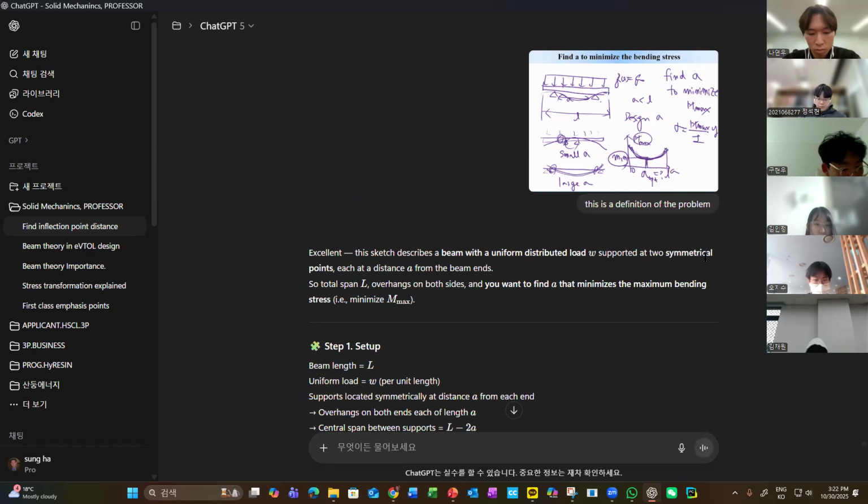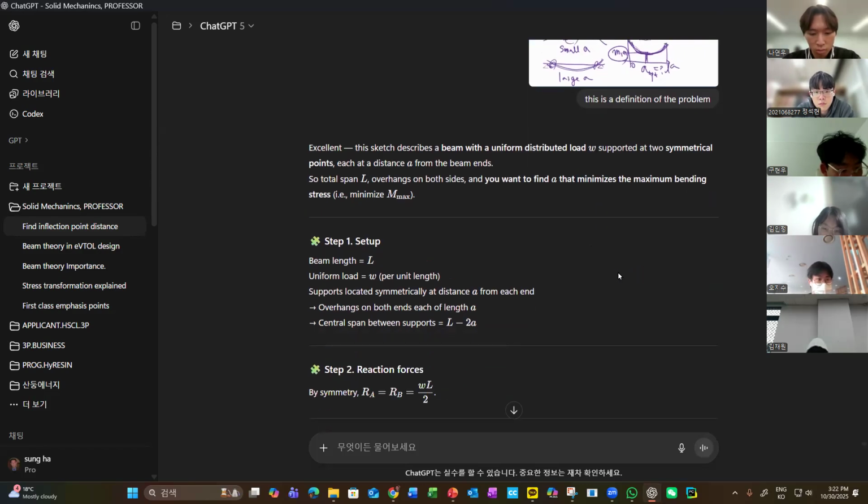Symmetrical is important. I didn't mention that, but they noticed that left and right are symmetric on this part, this part. This is exactly what I want. The load W is supported at two symmetrical points, each at a distance A from the beam end.